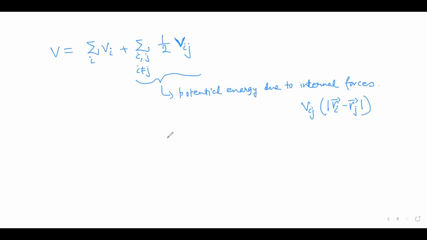So if the magnitude of ri minus rj is fixed, then sum over i comma j, half of Vij is constant.